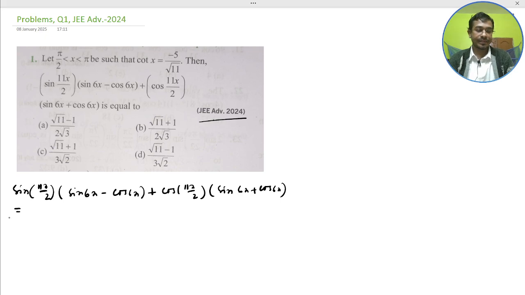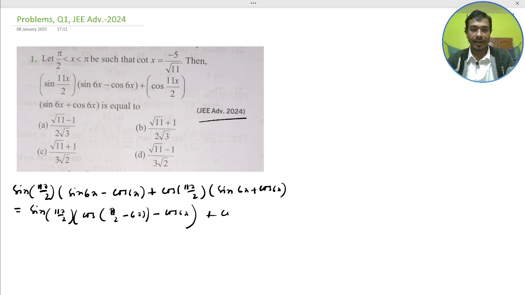So here I transform sin to cos. So sin 11x by 2 and here cos of pi by 2 minus 6x. Just transform, and as usual plus cos 11x by 2 into cos of pi by 2 minus 6x plus cos 6x. Just transform here.